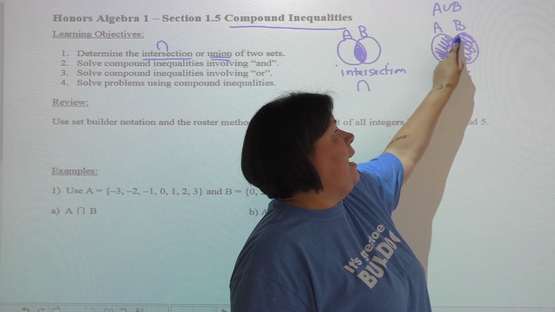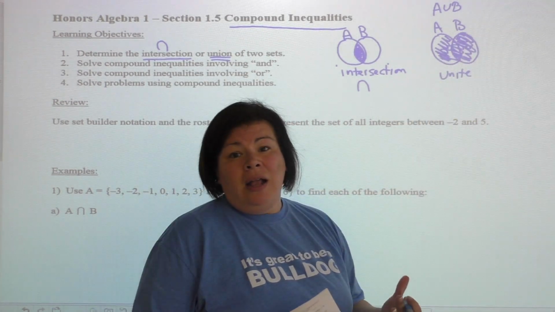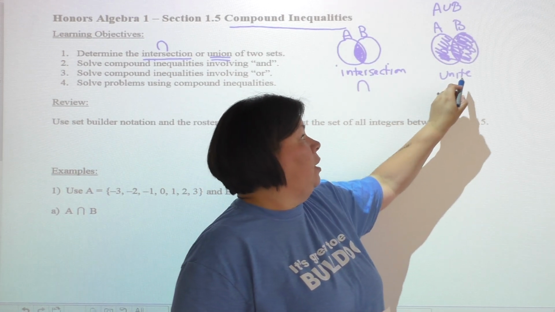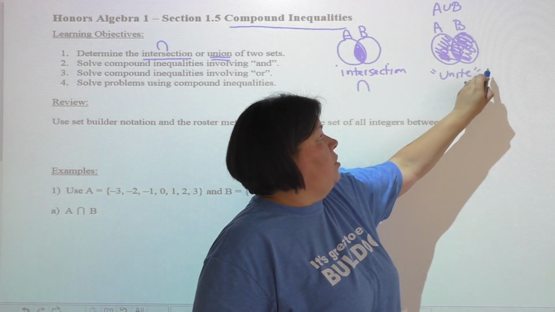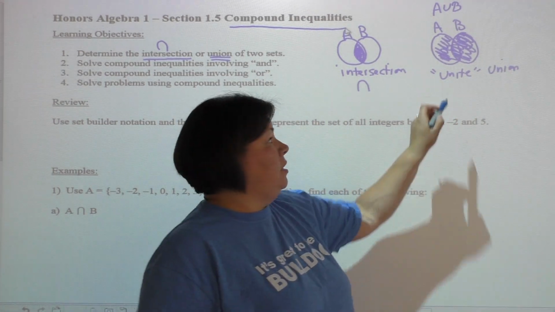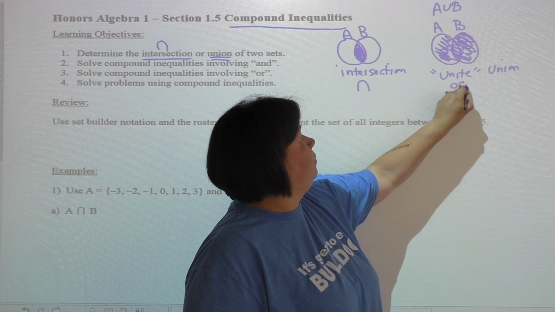They could be in set A and B. So when we talk about a union, we're asking where they actually unite. So the union represents where they unite, and that's also represented by the word or.